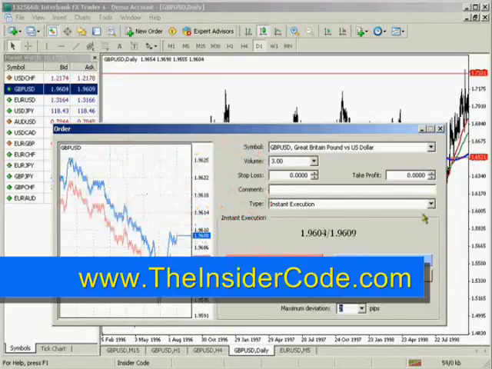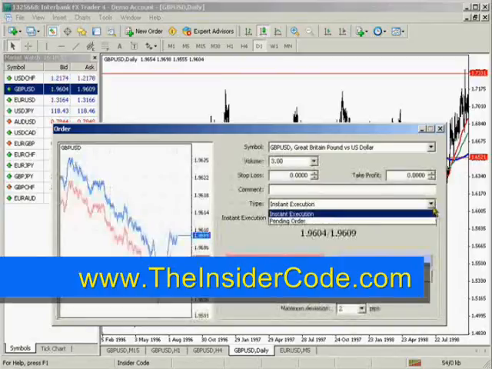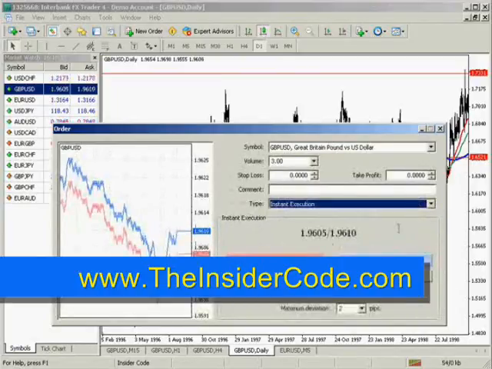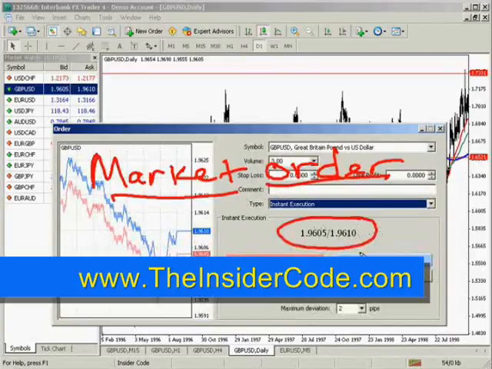Okay? Now they have the order type here as well, what they call instant execution. Instant execution means it's going to happen right now. This is also called a market order. Now, a market order simply means I want to sell at whatever the market price is right now. And that's why they have this maximum deviation.